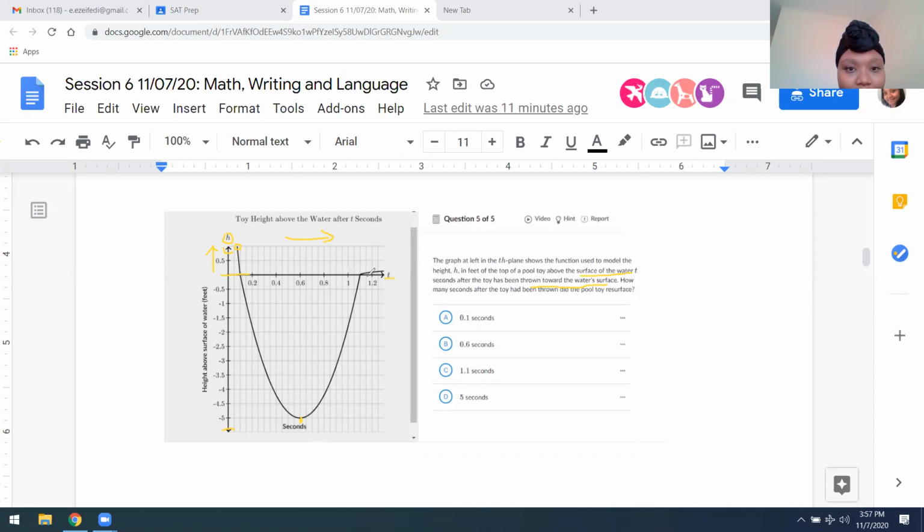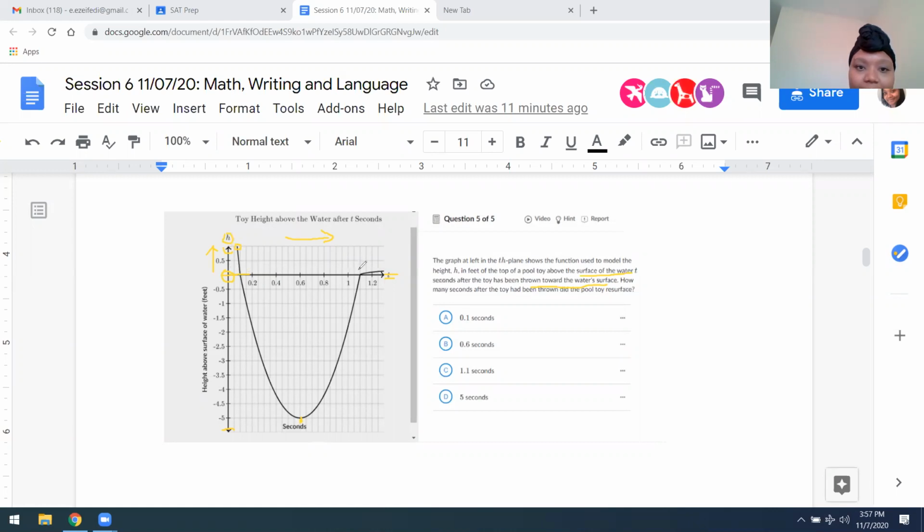So then if we establish this as the surface of the water, this is the surface of the water again, because this is where height equals 0. That's why I was mentioning the height equaling 0 in the beginning. This is where height equals 0.